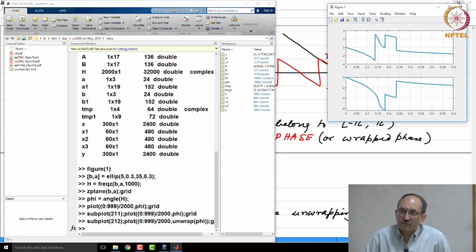If you use the wrapped phase there, you will get the wrong answer. There you take the phase angle and deal with the phase angle as a separate function. You process the phase to get some more information out of it, and in those cases you definitely have to deal with the unwrapped phase rather than the wrapped phase. So, there are cases where unwrapping is important, but that is outside the scope of this course.